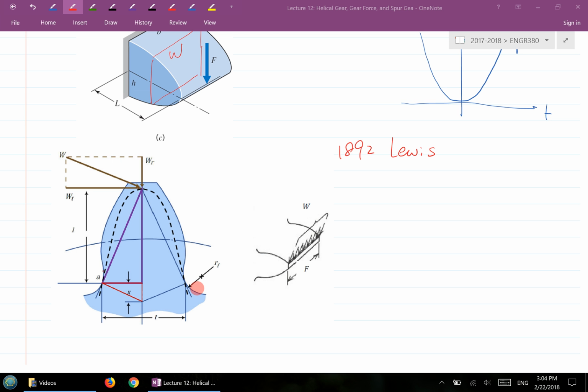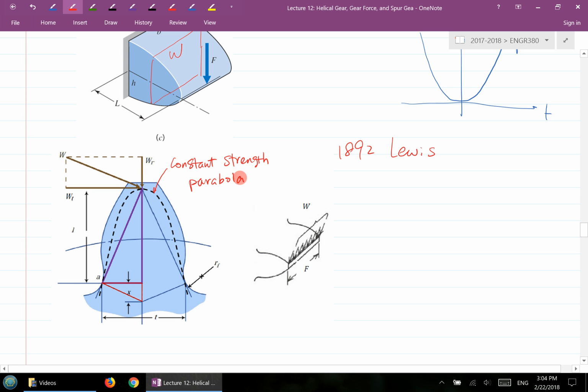You see the parabola here? You can inscribe a constant strength parabola here. So this one here is called the constant strength parabola. Okay.